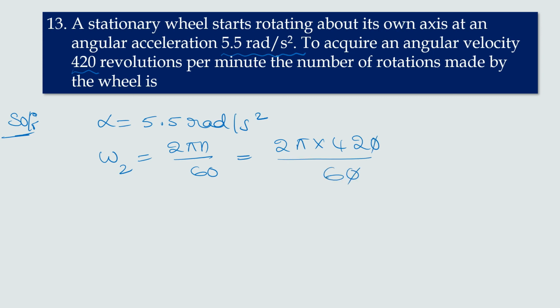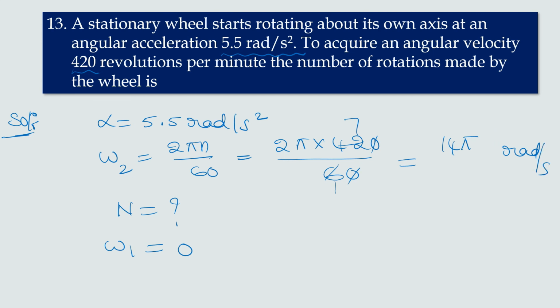Here 420 revolutions per minute. 6 1s are 6, 7 2s are 14, so 14 pi radians per second. We have to calculate n. Omega 1 is equal to 0.